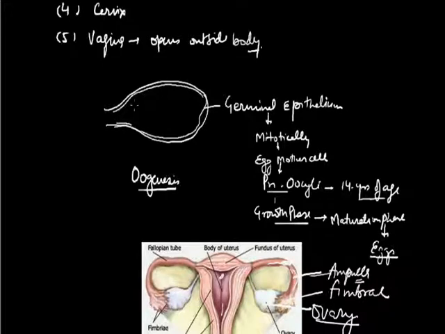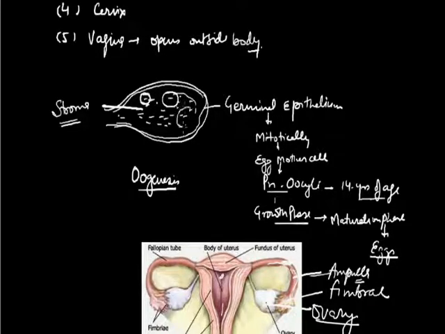If we see the internal structure under a light microscope, the ovarian tissue is filled with stroma. Here we have developing follicles in various stages of development. You can see these structures are known as Graafian follicles.